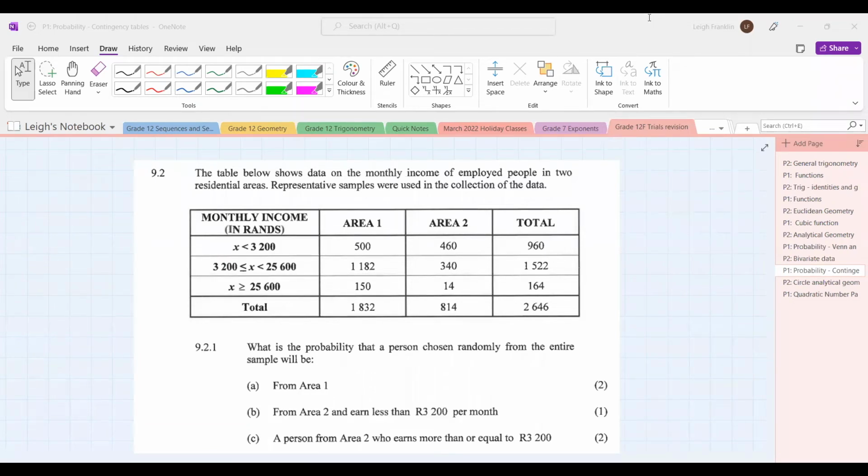All right, so what is the probability that the person is going to be from area 1? Somebody's already put up an answer for that. Let's have a look at what you said.